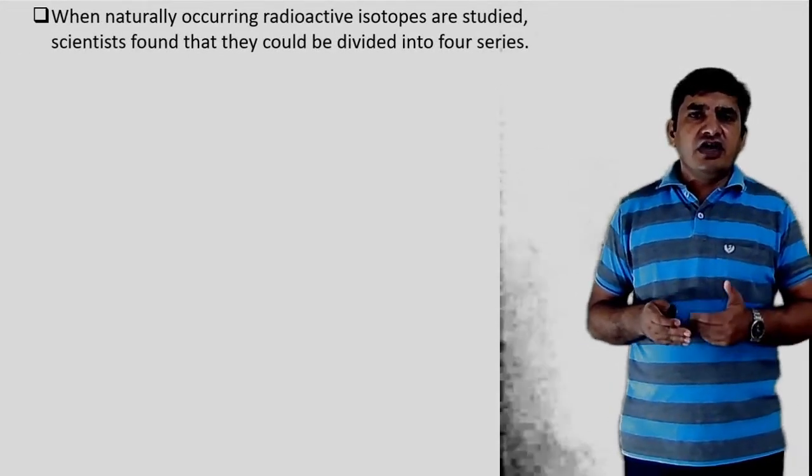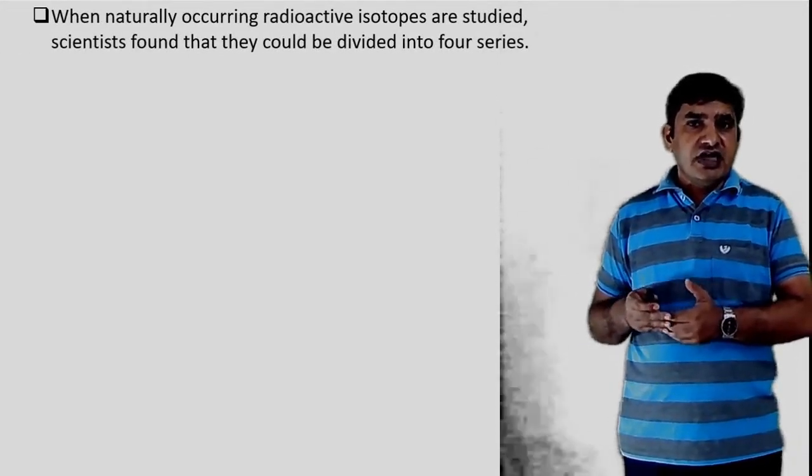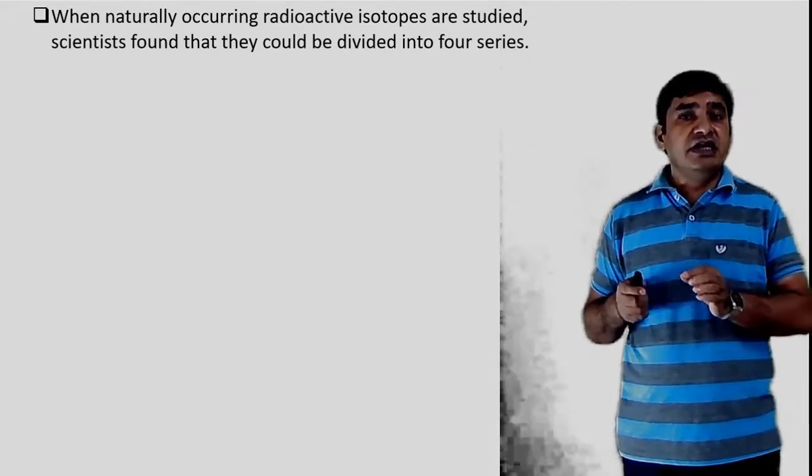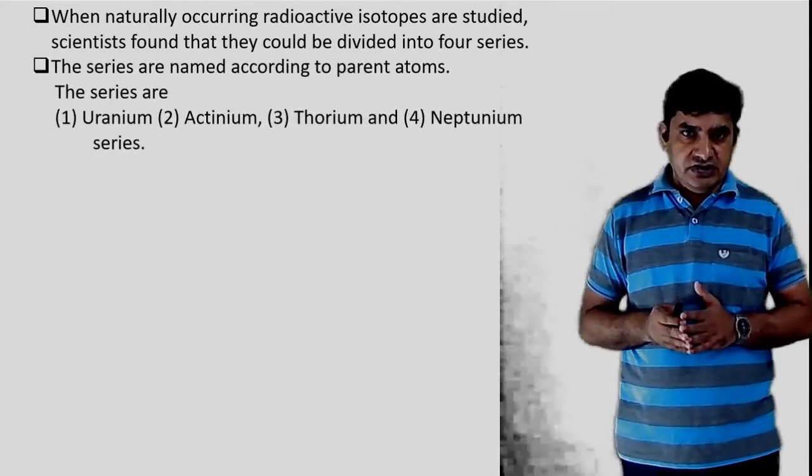When the naturally occurring radioactive isotopes were studied, scientists found that they could be divided into four series.